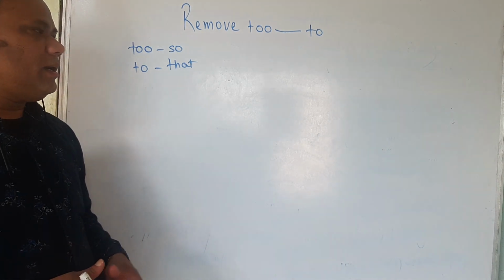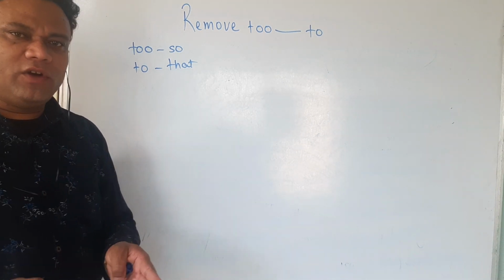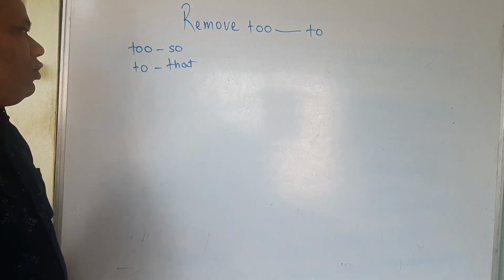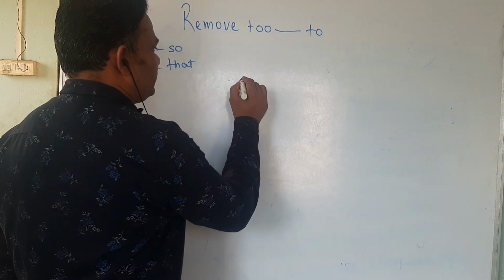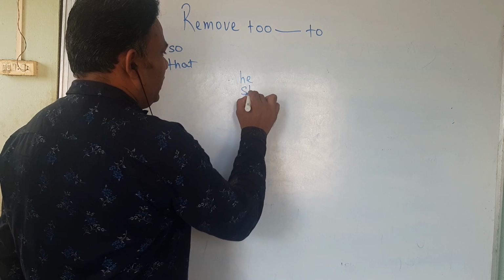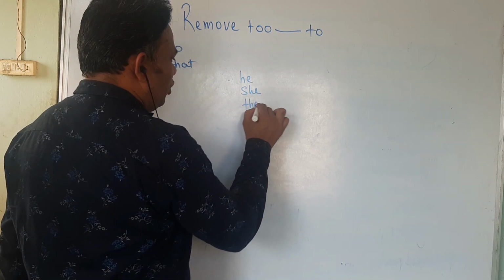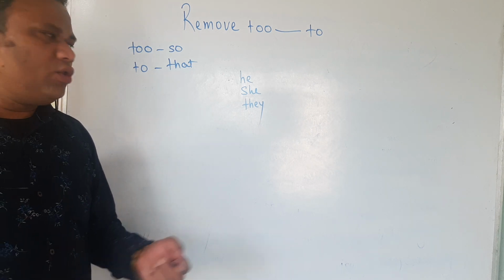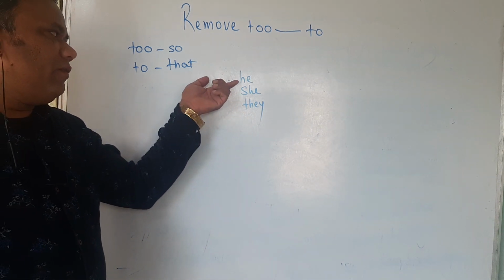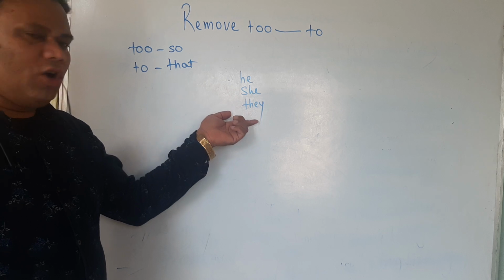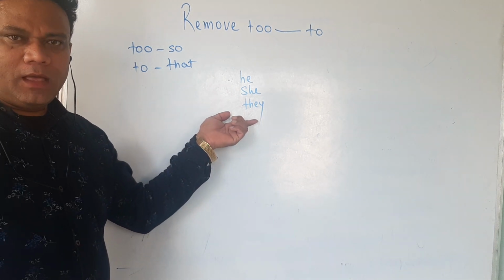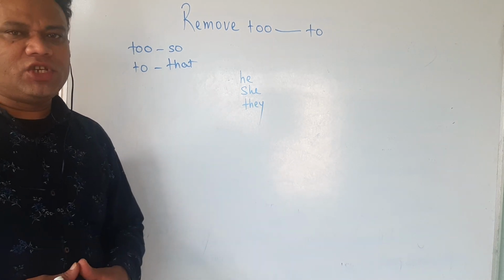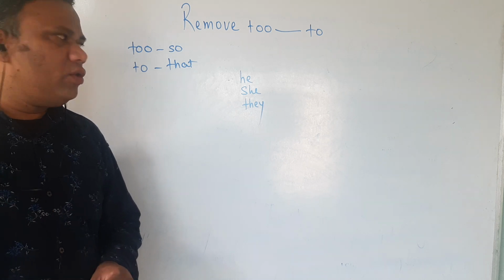After using that, according to the subject of the sentence, we have to use one of these pronouns: he, she, or they. Now the question arises how to decide whether we have to use he, she, or they. As we do in the question tag, same thing we have to do here.